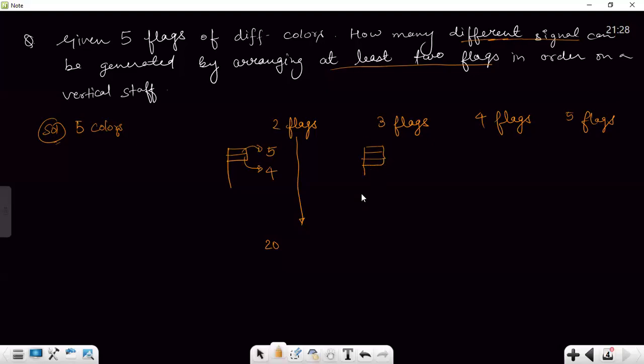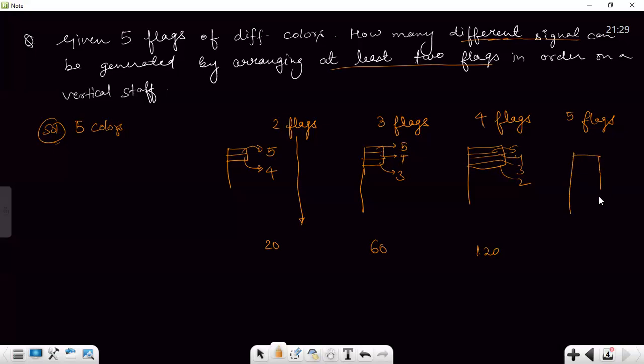Talking about 3 flags, how many options? 5, 4, 3, because after using a color we'll have only 4 flags left, and after using 2 flags, only 3 flags left. So dependent events, 5 into 4 into 3 makes it 60. Similarly for 4 flags, 5, 4, 3, and 2, that is 120.